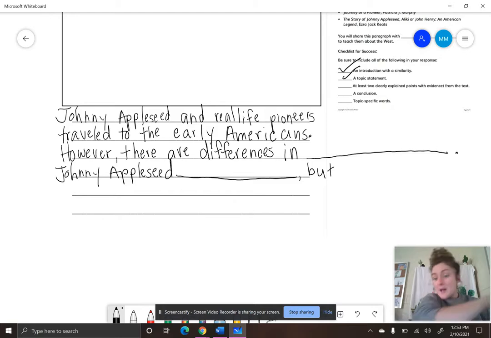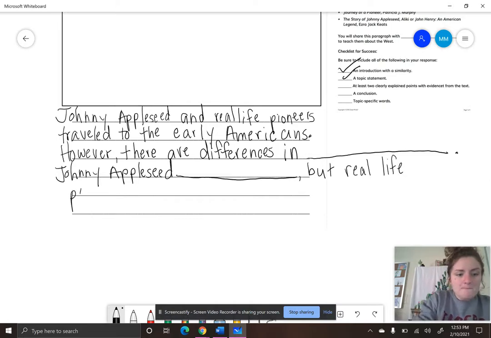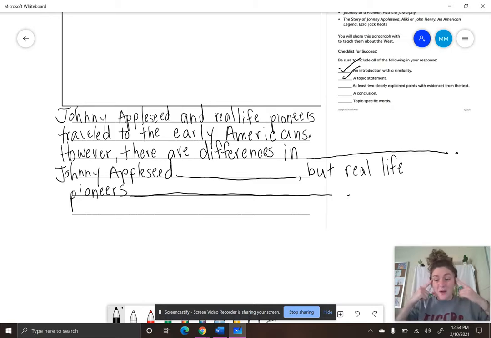Johnny Appleseed blank, but real life pioneers blank. So that first sentence, I want you to think, how did they travel differently? Johnny Appleseed traveled blank, but real life pioneers traveled blank.